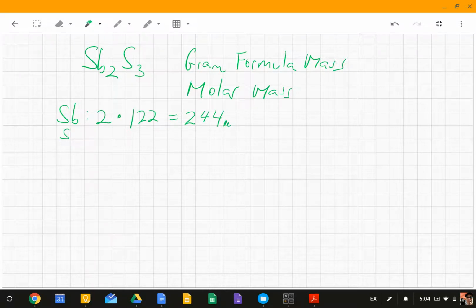And sulfur, there's 3 sulfurs, and the mass of sulfur is about 32. So 3 times 32, that's 96 atomic mass units. So if we add those up, 244 plus 96 is 340. So the gram formula or molar mass of stibnite is approximately 340 grams per mole.